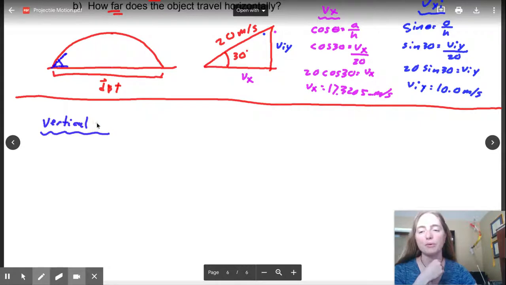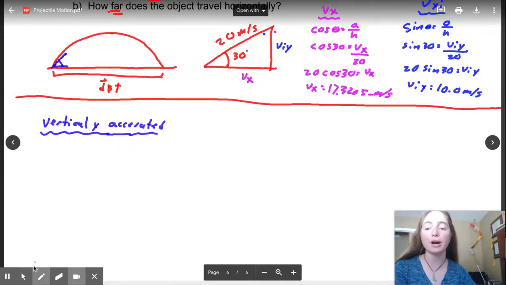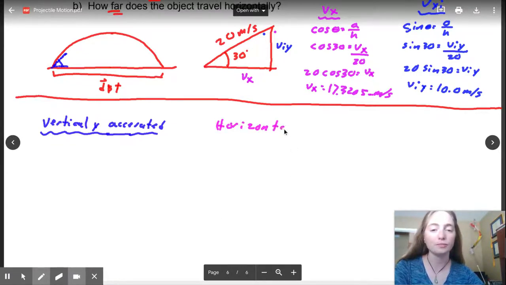Okay, so remember which is Y. Remembering vertical is accelerated. Okay, you are even welcome to write that down when you're organizing your page. And our horizontal, which is the X, which is going to be uniform motion.